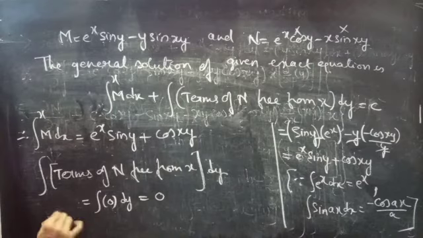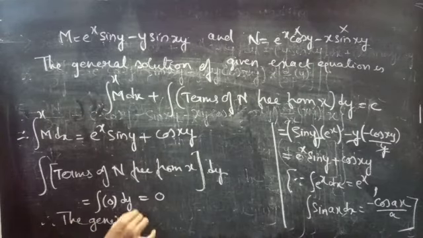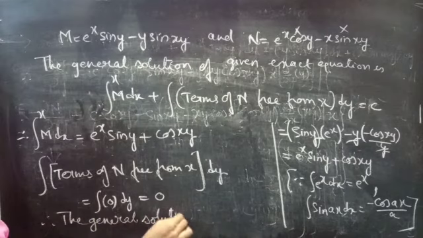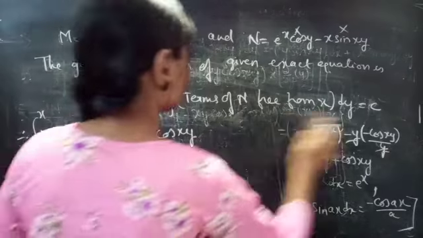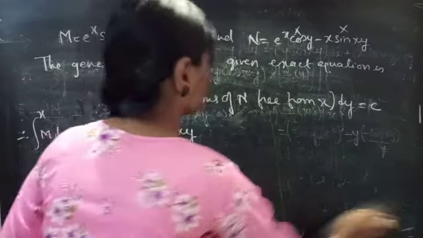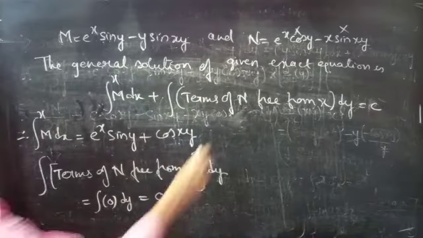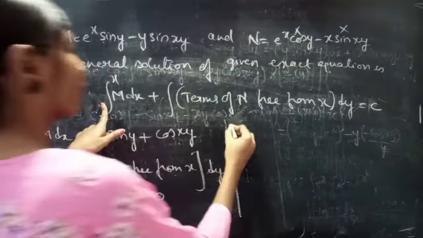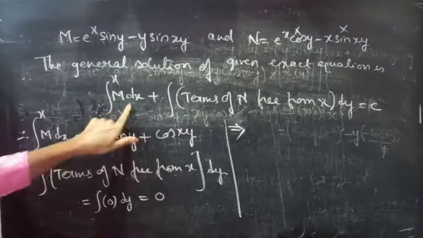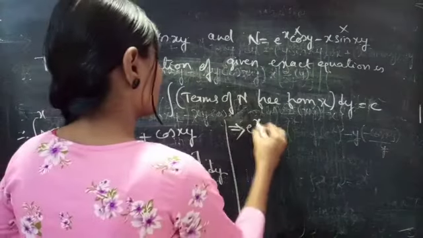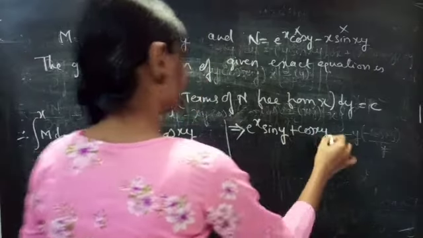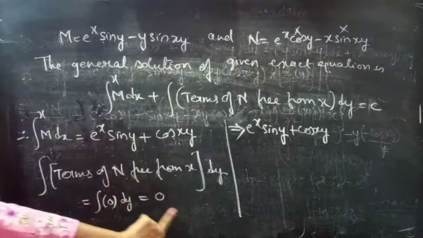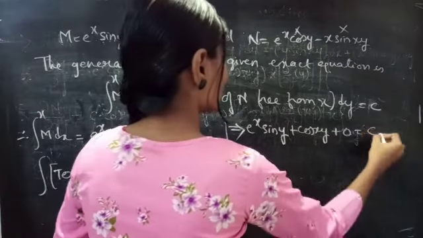So therefore, the general solution of the given equation 1 is the integral of M dx, which is e^x sin y plus cos xy, plus the integral of terms of N free from x, which is 0, equals constant c.